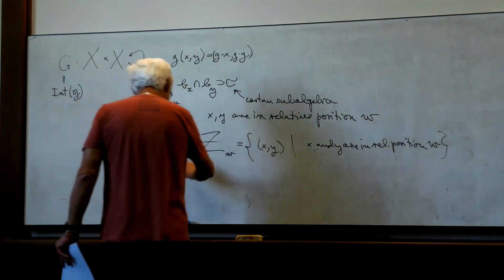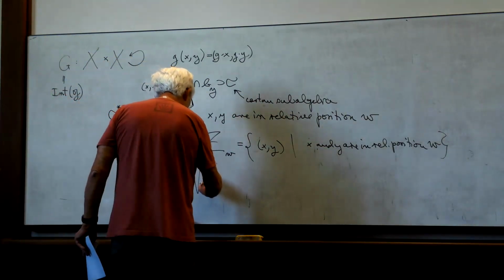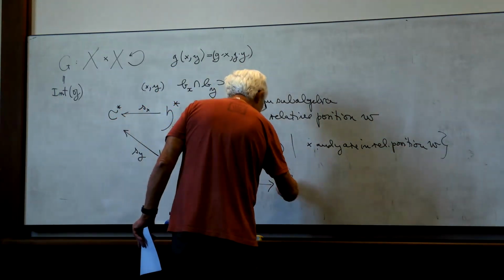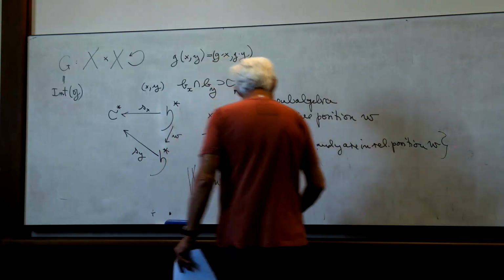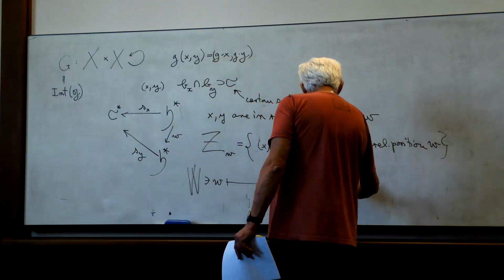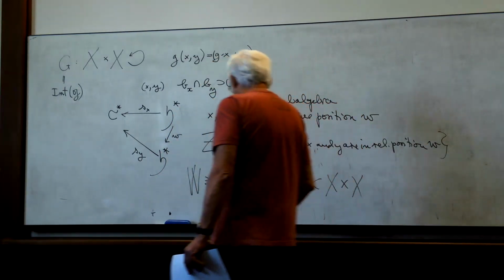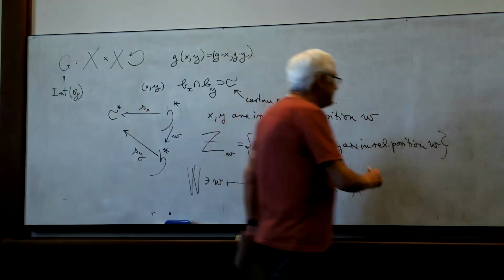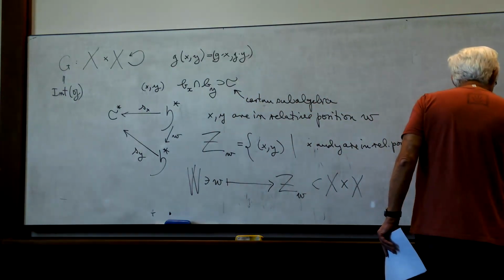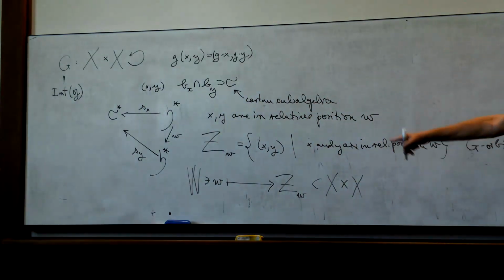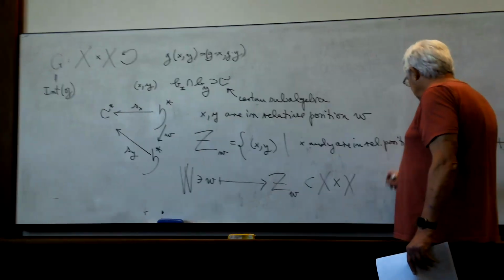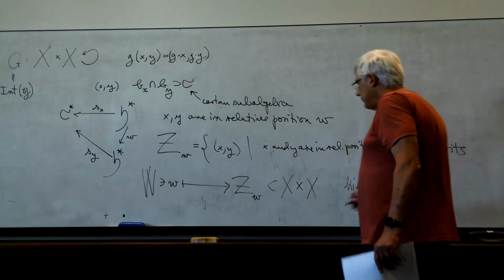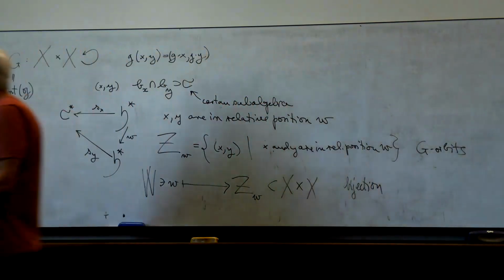And the thing is that the map from W to CW in X cross X is a bijection. This is clear, and this is a bijection onto the G orbits.